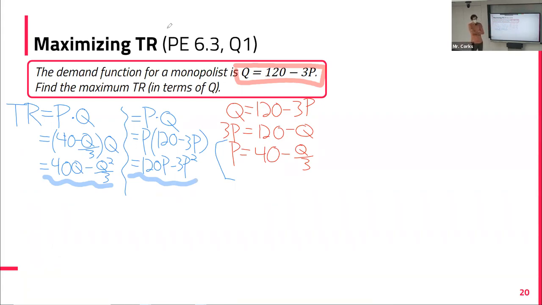First one. They are connected. So which one? Something about quantity. So we want it in terms of Q. This is the more useful one.